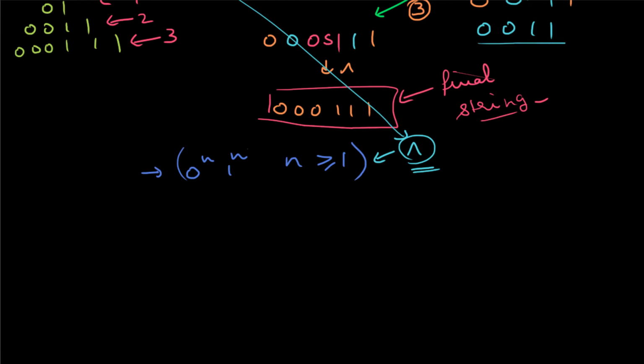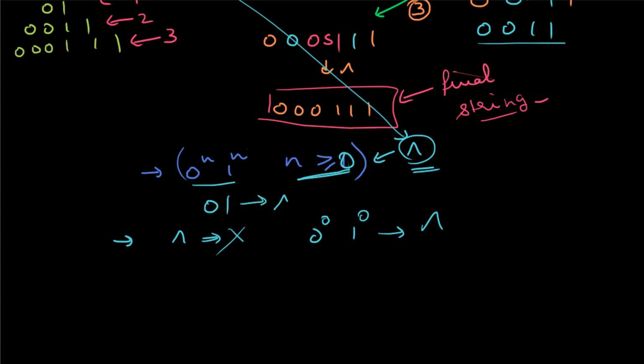So if we just take this as null, it will be nothing. So 0 to the 0, 1 to the 0 will provide us null. So now this n can be changed to 0, and this is why we need to consider null. Because if we hadn't considered null, the lowest possible string would be 0, 1. It is not so, it is null.